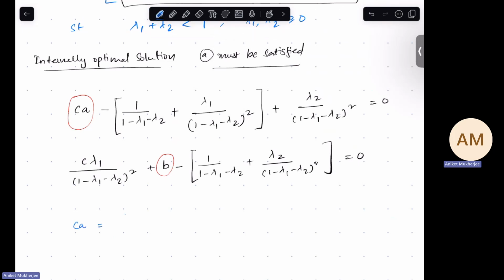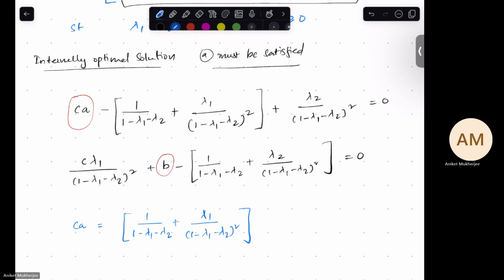C equal to 1 by 1 minus lambda 1 minus lambda 2 plus lambda 1 by 1 minus lambda 1 minus lambda 2 whole square minus lambda 2 by 1 minus lambda 1 minus lambda 2 whole square.